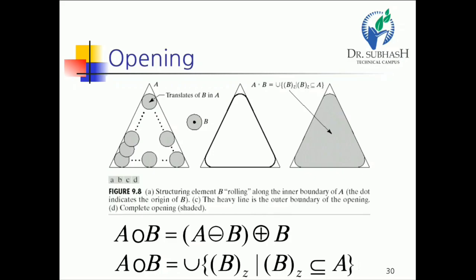Figure A shows the structuring element B rolling along the inner boundary of A. This is the structuring element, this is the boundary of A, and this indicates the origin of B. In figure C, the heavy lines are the outer boundaries of the opening, and the last one is the complete opening, shaded.